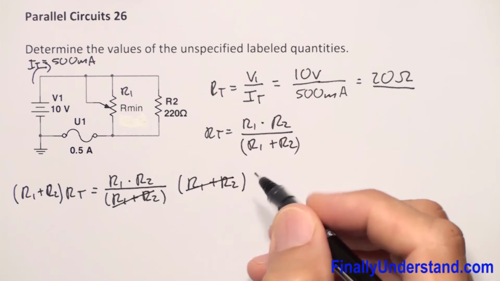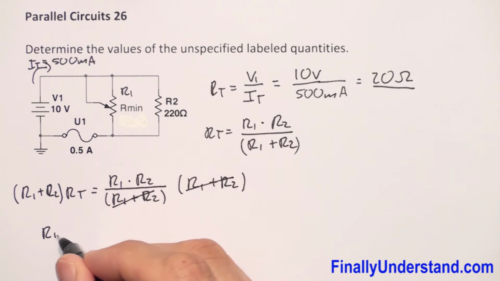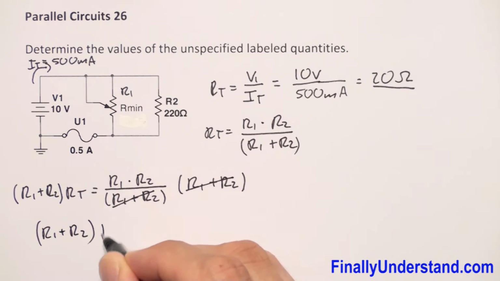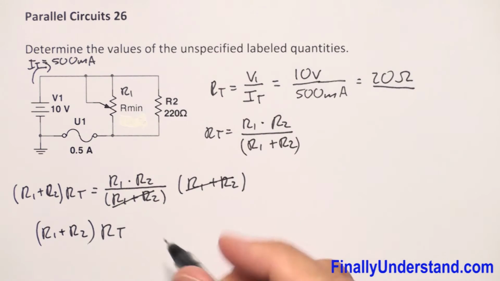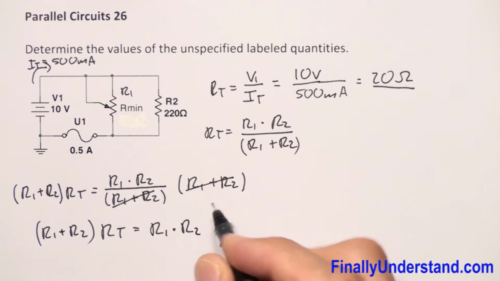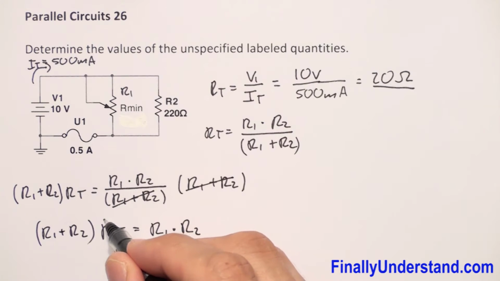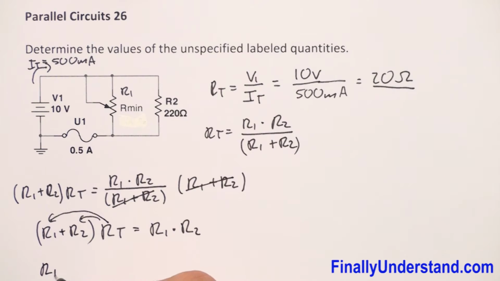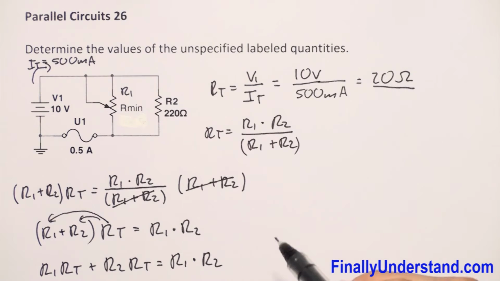This and this will cancel out, so I have R1 plus R2 times R total is equal to R1 times R2. Next, I'm supposed to distribute R total into the parentheses. So I have R1 times R total plus R2 times R total is equal to R1 times R2.